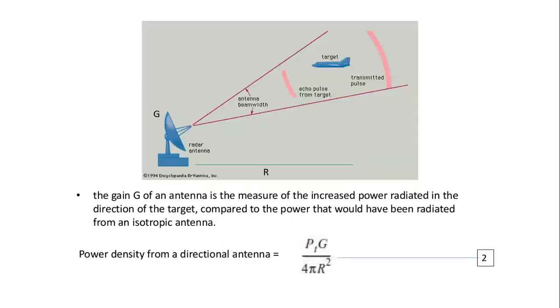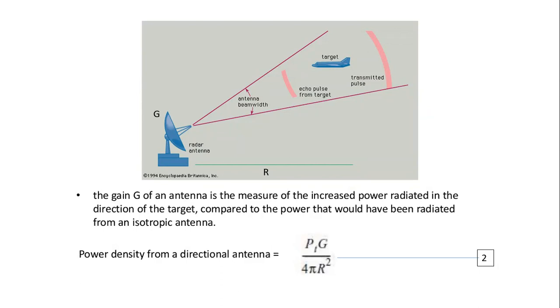Next, we know that if you want to get maximum information or maximum echo from a target, it's necessary that the signal sent towards it should be a strong signal.